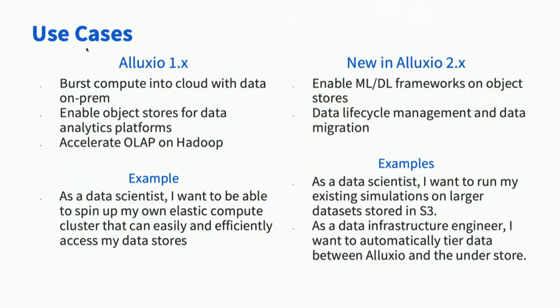So the second use case that we were looking at was really being able to enable object storage for these data analytics workloads. Traditionally, you run things like Presto or Hive or Spark. All of these run on a file system, like a Hadoop file system.